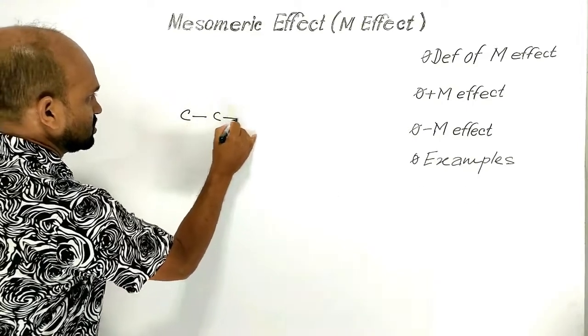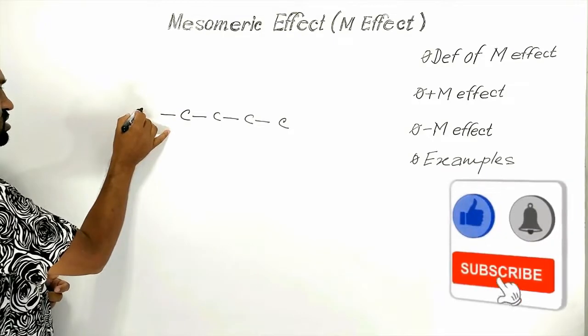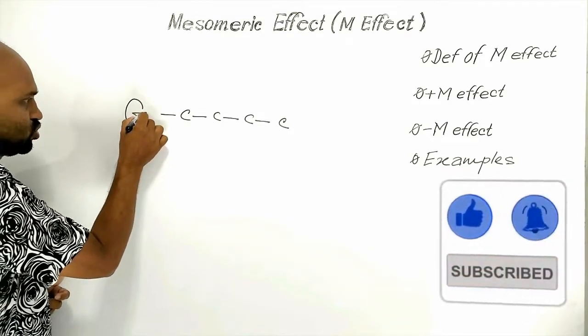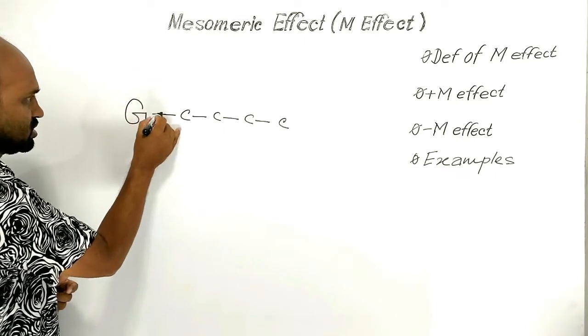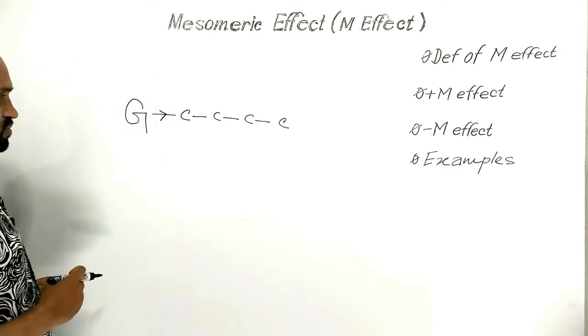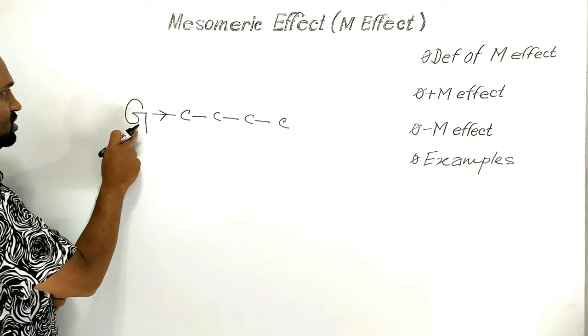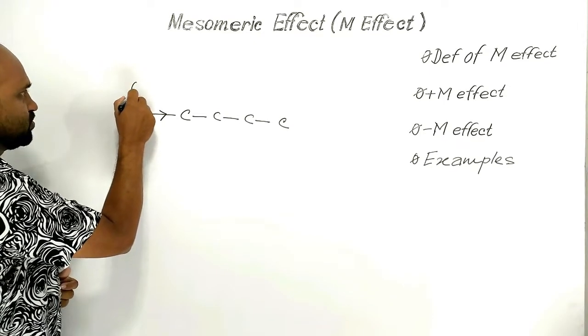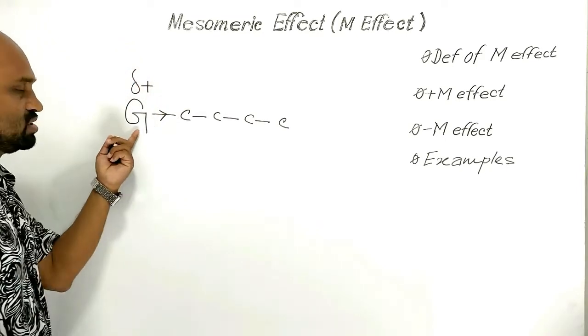Suppose this is an organic compound. With this, a group is linked up, which is an electron donating group. As it is an electron donating group, partially positive charge over this group is created.